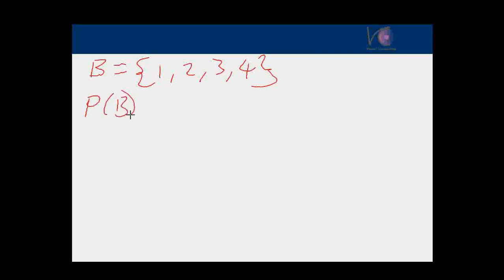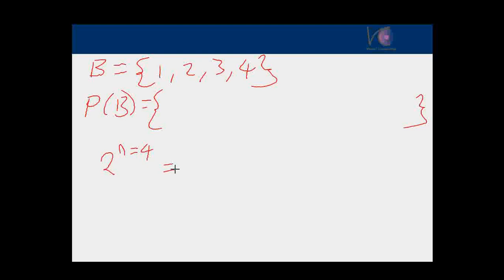The power set of B is the set that contains all the subsets of set B. Now, how many subsets are we going to have? The number of subsets is determined by 2 to the power n, and in this case, n is equal to 4.